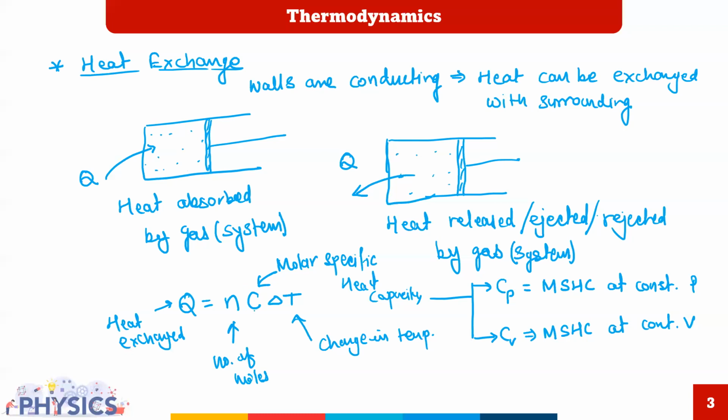But remember, this is the general specific heat capacity for any process. For us, two will be important, Cp and Cv. So this is the formula of heat exchange we are going to use. Later, we will derive another formula from the first law of thermodynamics, which we'll see slowly. So this is the thing with heat.